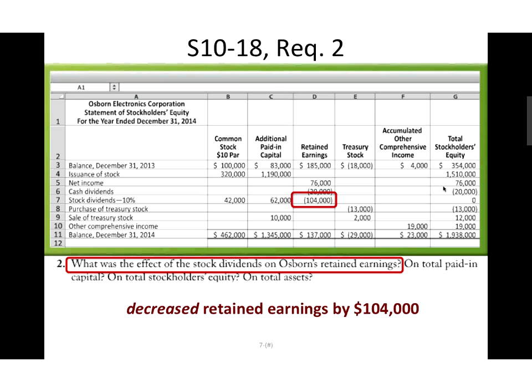The net effect on total stockholders' equity is 0. The far right column gives us the total stockholders' equity. So this decreased retained earnings, but you're answering some other questions there too. A stock dividend has 0 impact on stockholders' equity as a total. It has 0 impact on total assets.